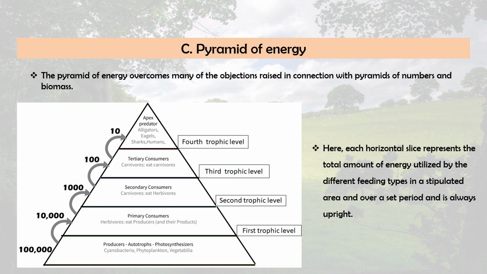Then there is 10% loss of heat energy, and the rest is consumed by the primary consumers. Then 10% decrease in energy as heat, and the rest is consumed by secondary consumers, which goes on to the apex predator or the fourth trophic level.